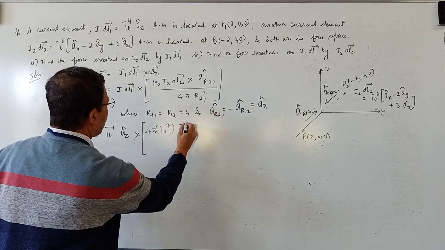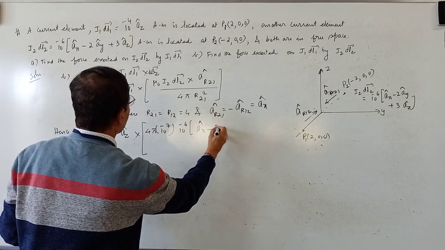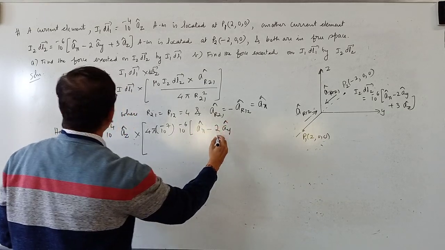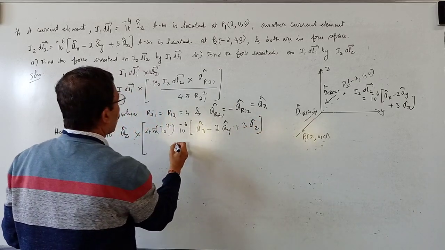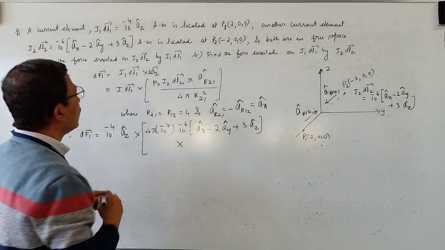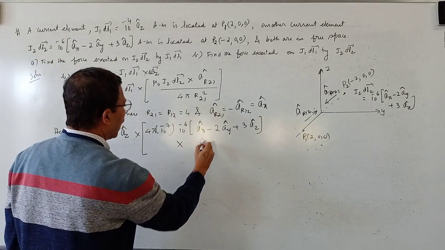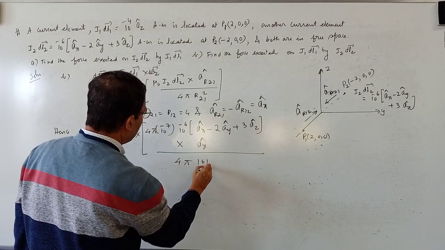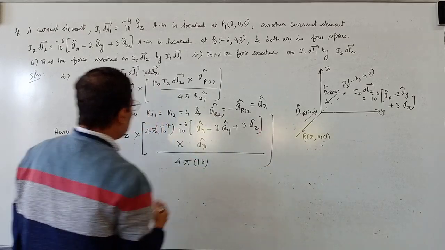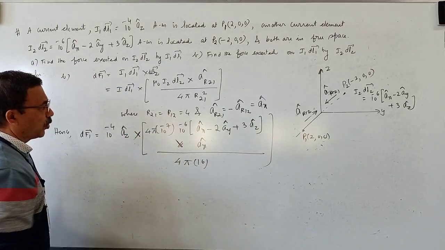It is 10 to the power minus 6 into AX cap minus 2 times AY cap plus 3 times AZ cap cross AR21 cap, which is AX cap. Whole thing divided by 4 pi into 16. There are two cross products involved. This is the first cross product, the second cross product.